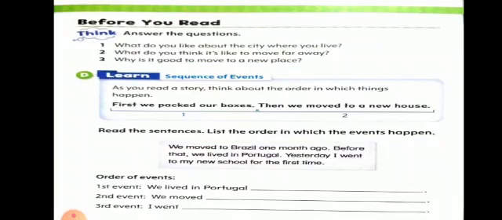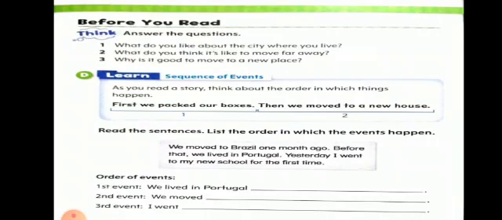Now, before you read, look at the Learn box. Sequence of events, exercise D. As you read a story, think about the order in which things happen. For example, we have been given a situation in which the person says we moved to Brazil 1 month ago.